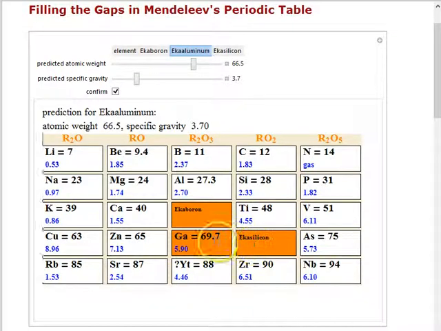By the way, this element was gallium that we just figured, Eka aluminum. Can you do the same exercise with titanium and zirconium? 69. Okay. And what about the specific gravity?